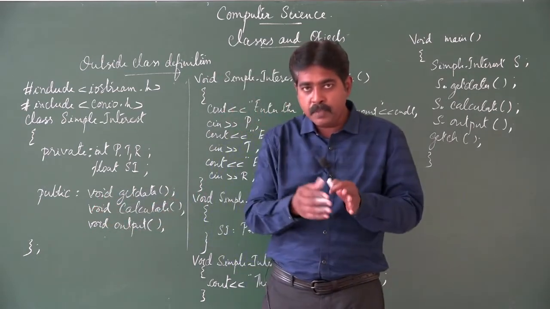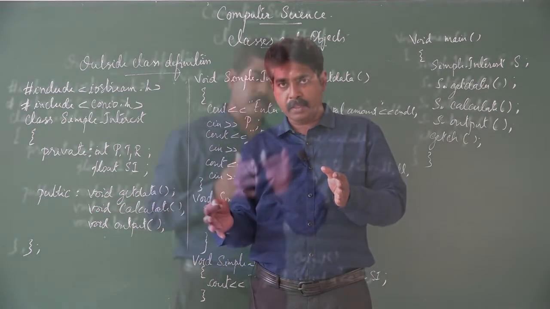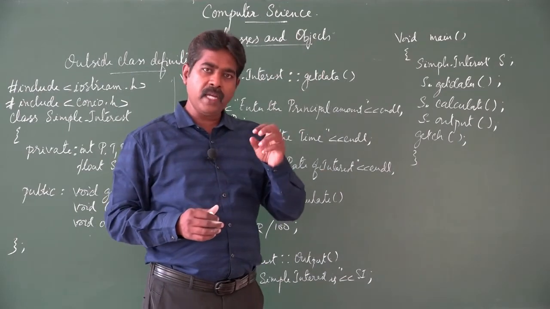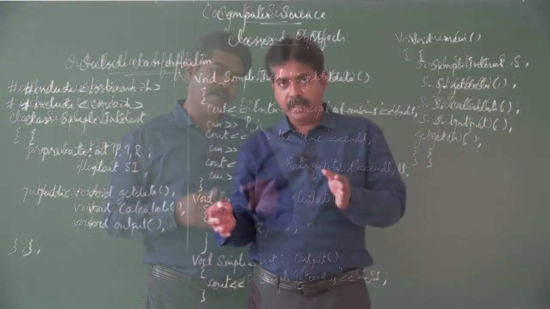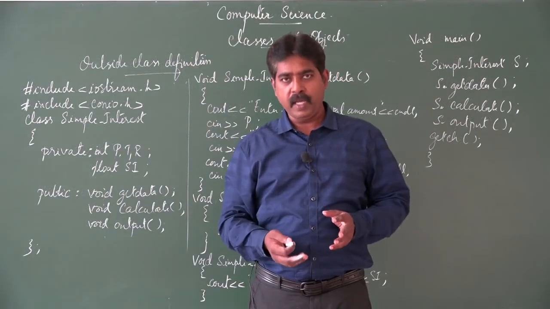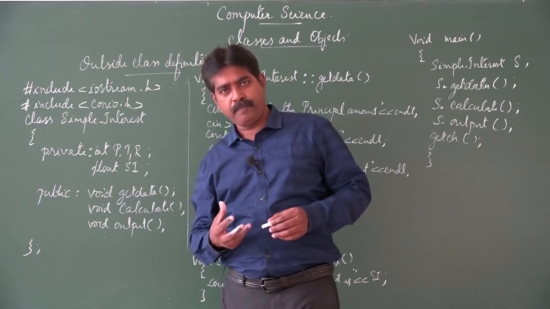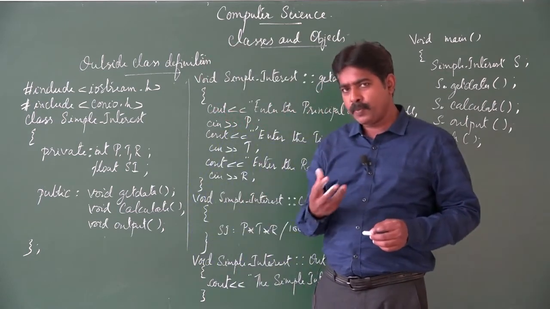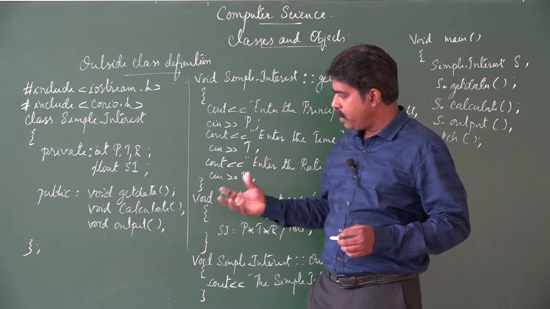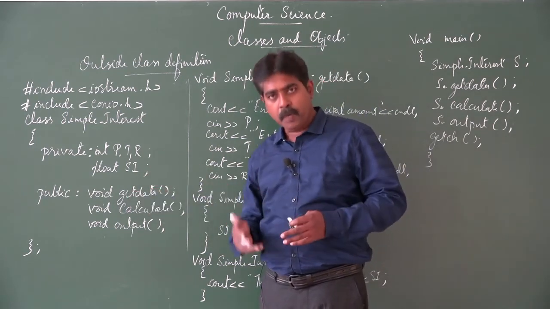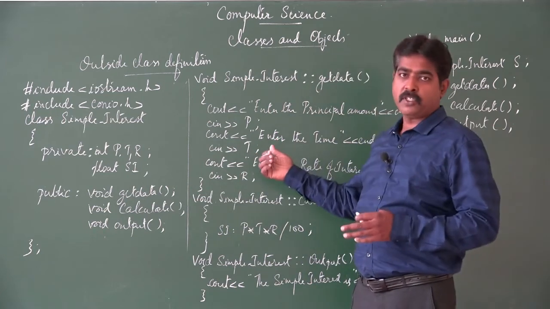Why is there a difference between inside class and outside class? In the inside class definition, we write simple programs. There are a few complex programs, for example when we use a for loop, that becomes a complex program. These complex programs we may not be able to write inside the class definition, so we need to adopt the outside class definition concept.